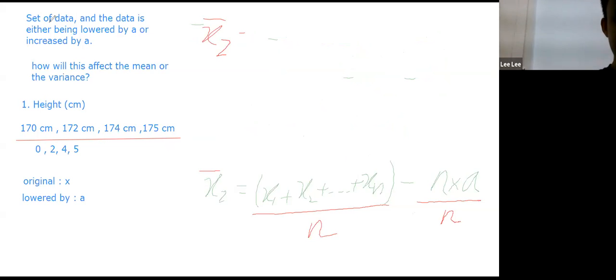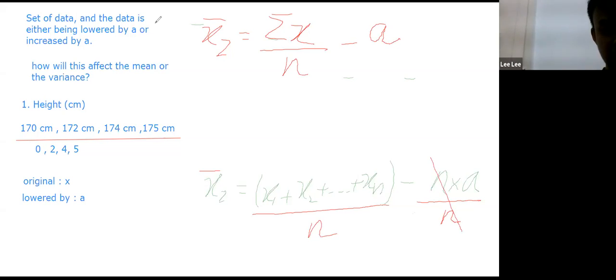So the x bar 2 right now, I can change the notation to become sigma x over n minus a. Sigma is sum, so the sum of the x is sigma x over n, minus a. Sigma x over n is also an average, your original average. So after you lower the data by a, your second average is equal to your first average lowered by a also.